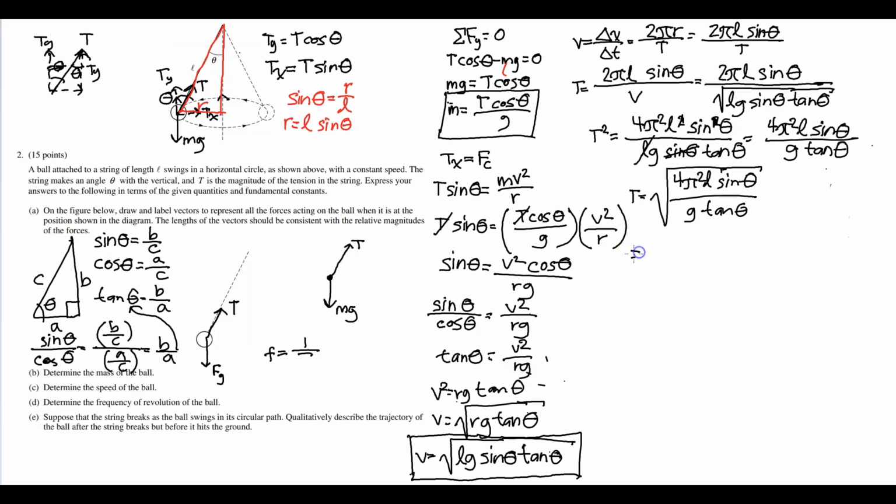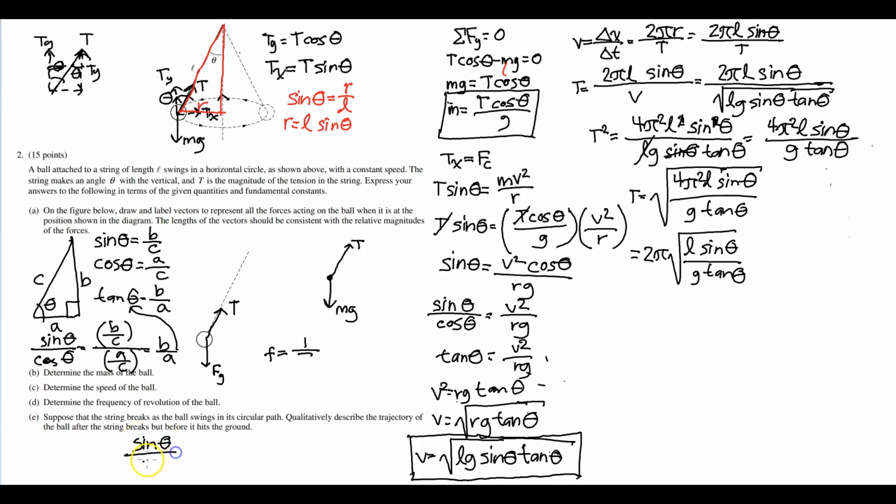So you could easily pull out 2 pi. Pi squared is a perfect square, 4 is a perfect square. So you could pull out 2 pi out of the radical. Okay, so we're left with L sine theta over G tangent of theta. So you have sine theta and tangent theta, and they're related by the fact that sine over cosine is tangent.